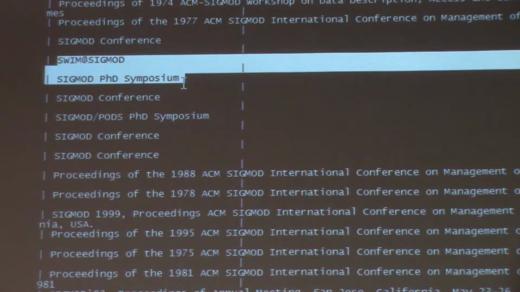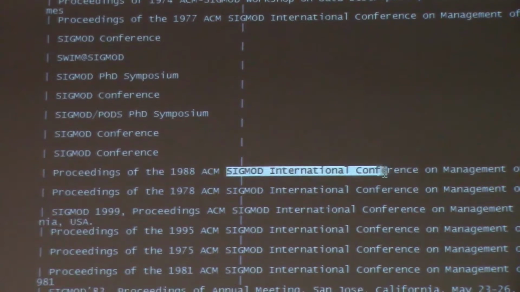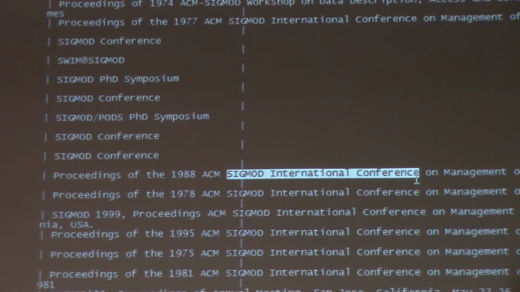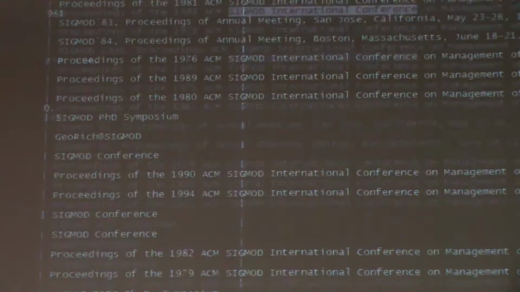You notice that this will be a strong indication that it's actually the Sigma conference. So there's a word in between: Sigma international conference.